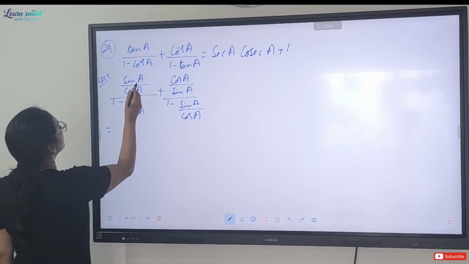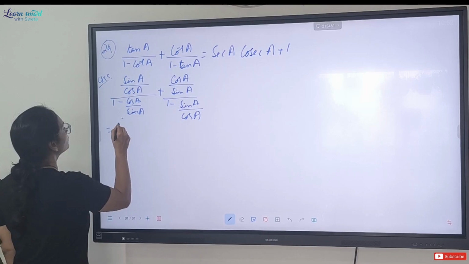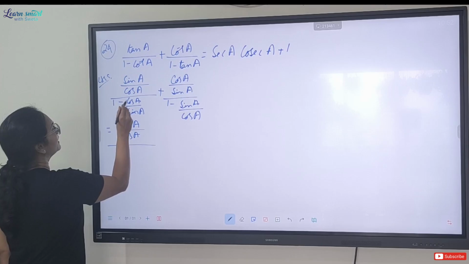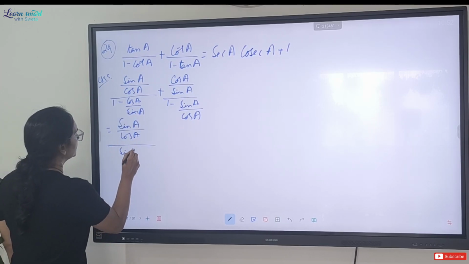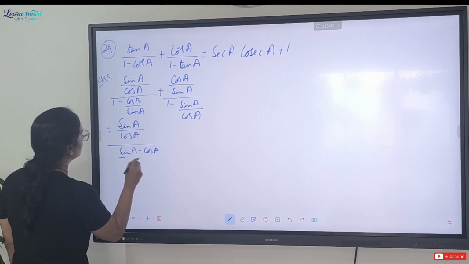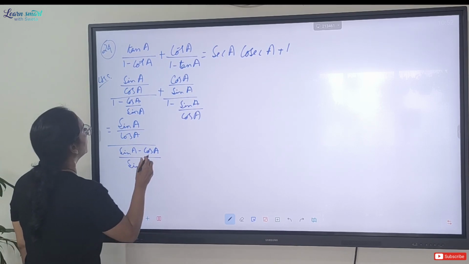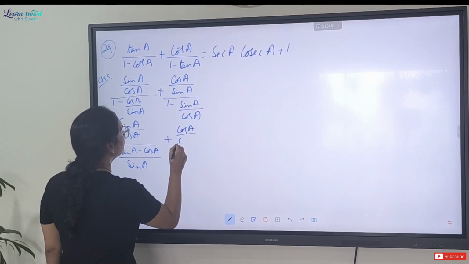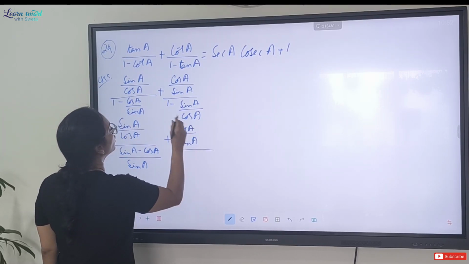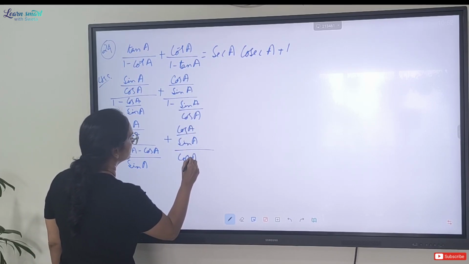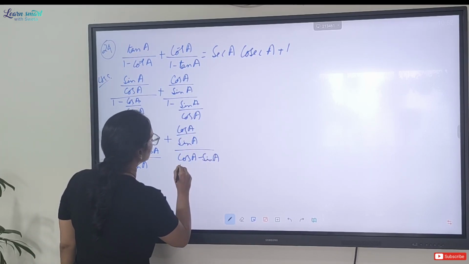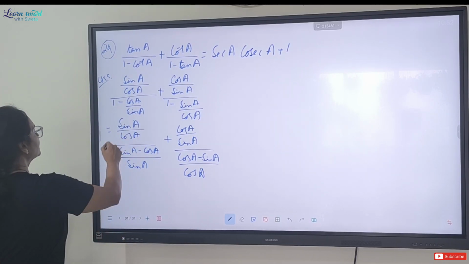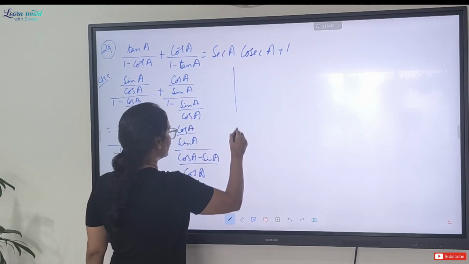So what we get here is numerator we will write as it is. So we will write sin A by cos A upon sin A minus cos A by sin A. And plus, same way numerator we will keep as it is, cos A by sin A upon cos A minus sin A by cos A. Now let's simplify this and see what we get.